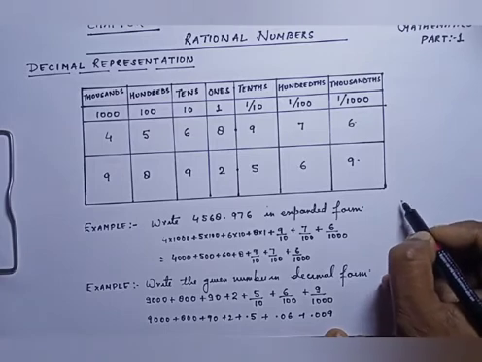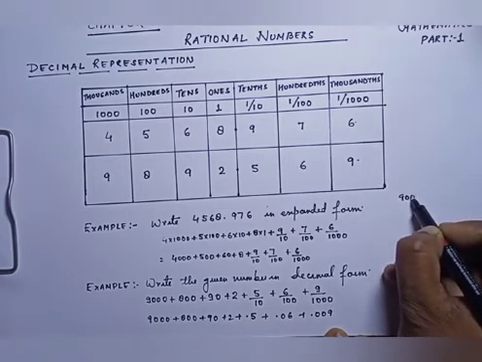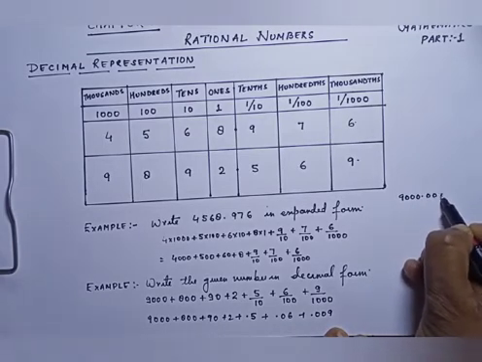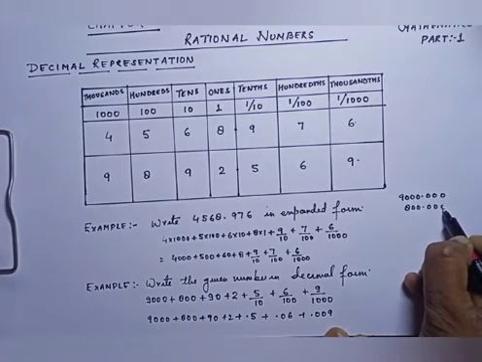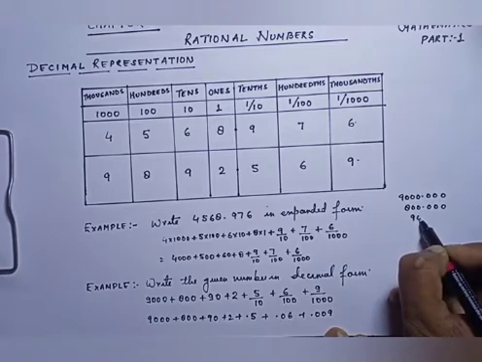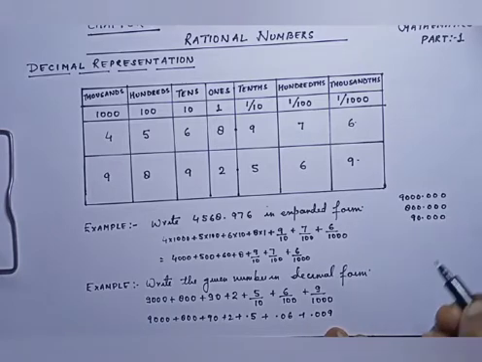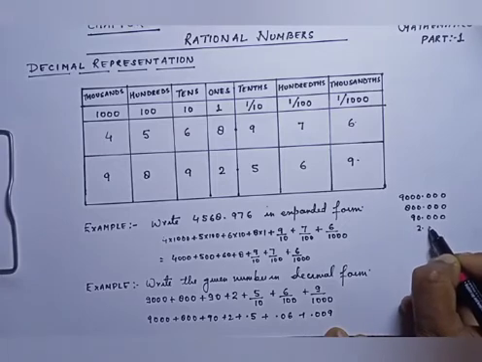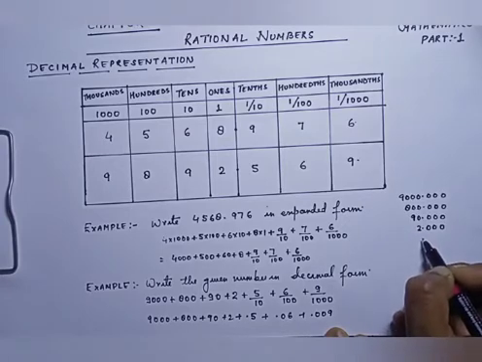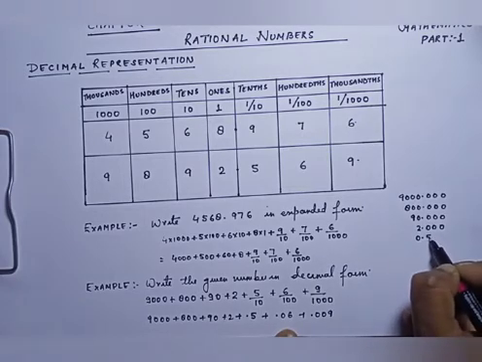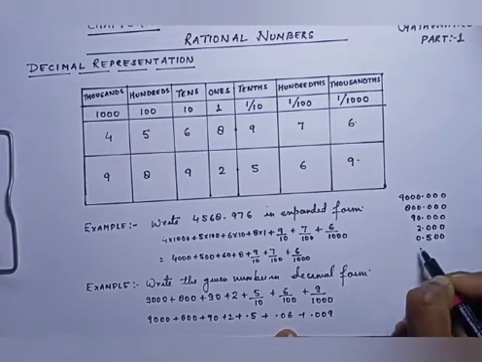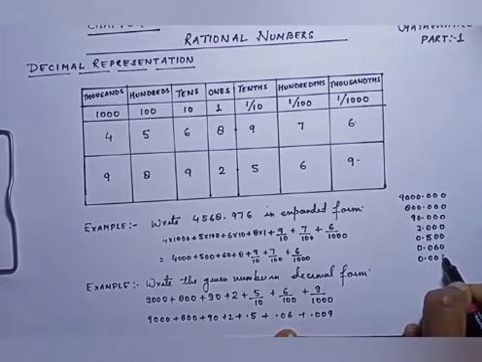Now see the method how we are going to add the numbers. 9000.000, 800.000, 90.000, 2.000, after that 0.5, after that 0.060, after that 0.009.